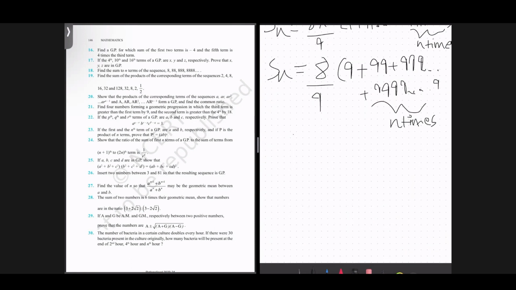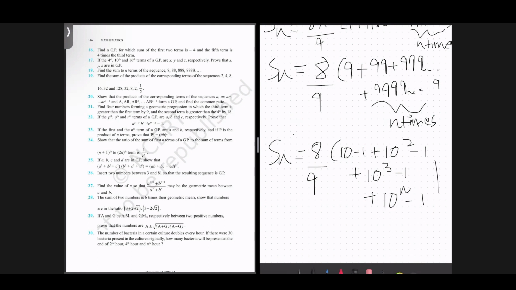So what I mean by expressing each of the terms in the bracket as 1 less than a power of 10 is that me expressing the terms inside the bracket as something like 10 minus 1, plus 99 can be written as 10 square, which is 100 minus 1. 999 can be written as 10 cube minus 1, and n times 9 can be written as 10 raised to the power n minus 1. Correct. I've done nothing. I've just subtracted 1 from each power of 10, and that is what I'm left with.